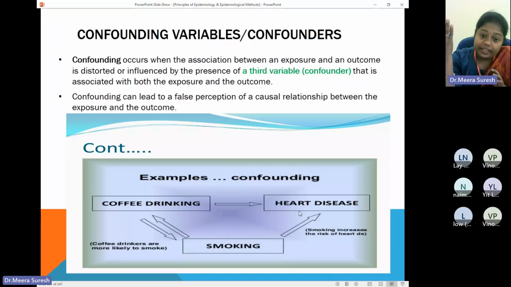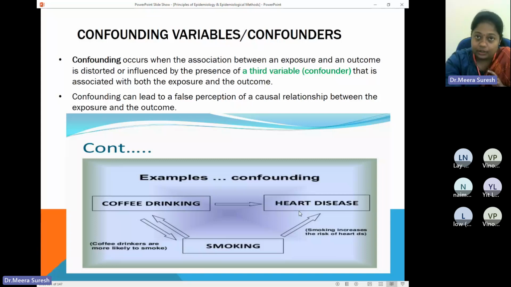Maybe you were studying the causes of heart disease, and you had put coffee drinking also as an exposure. In case control, we saw that if we are going to study heart disease, we can put as many exposures as you want, and then you do the calculations. So here, you simply put coffee also, like tea, coffee. You put that also. So when you did the OR, you got an OR of 3 or 4 for coffee, which means coffee can lead to heart disease.